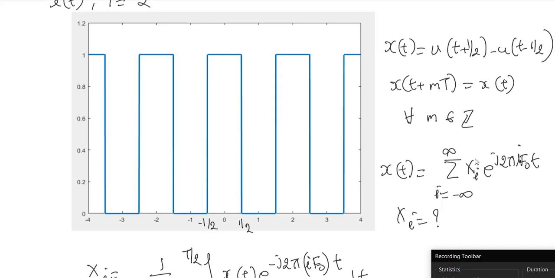So the question is, what do these weights mean? Basically, these weights form the spectrum of the signal, and they tell us how the energy in the signal is distributed over different frequencies. That's how you interpret these weights.